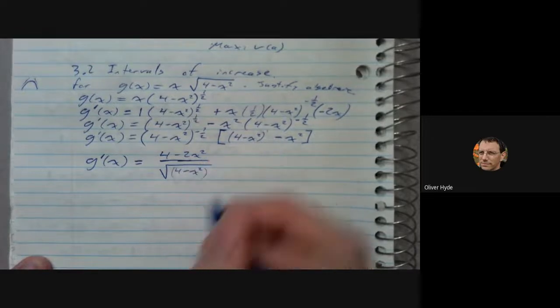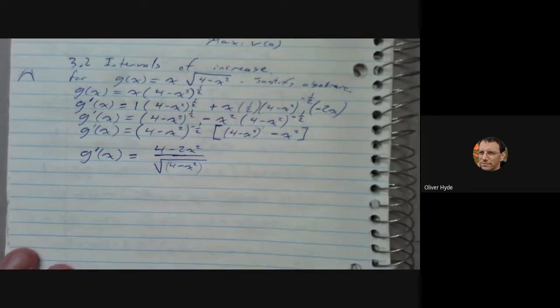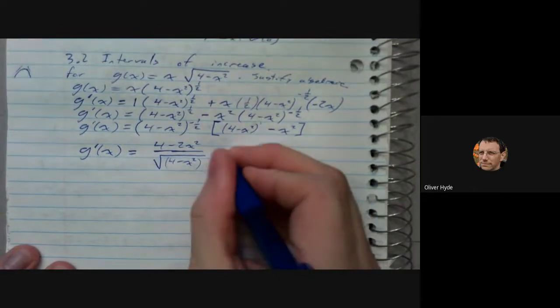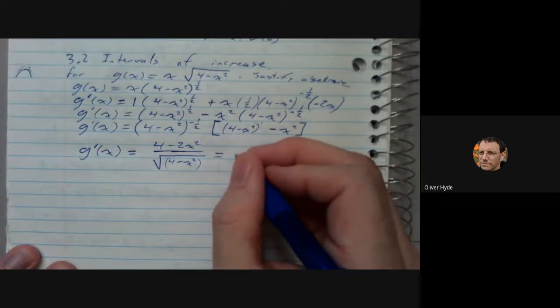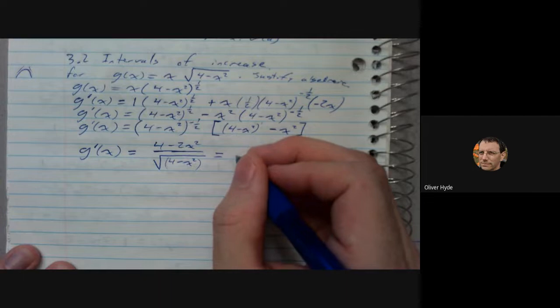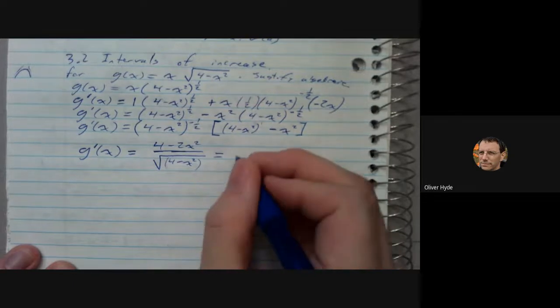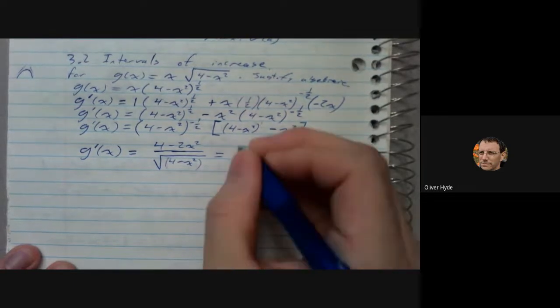And then as far as our argument for sign change goes, maybe we want to write this in a fully factored form first. I don't want to have to write out the denominator every time, but I think it's the right thing to do.